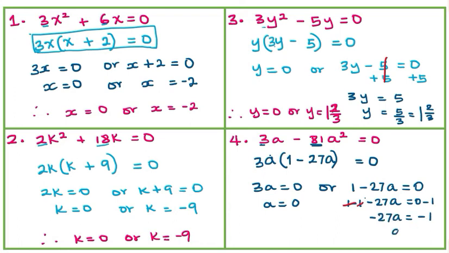A is equal to 1 out of 27. So our final answers will be that a is equal to 0, or a is equal to 1 out of 27.